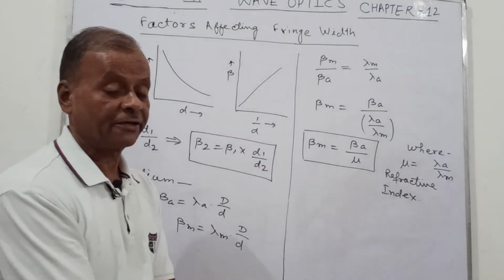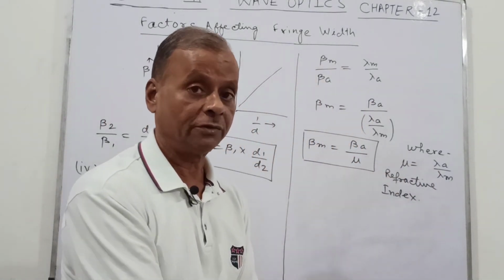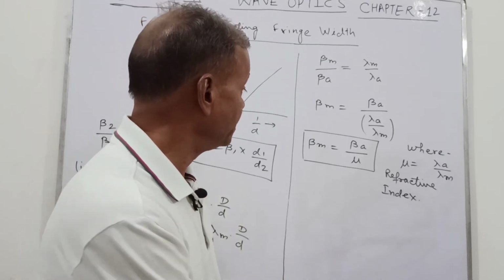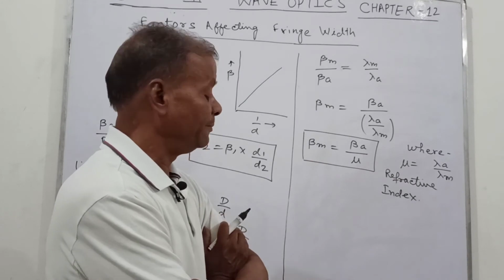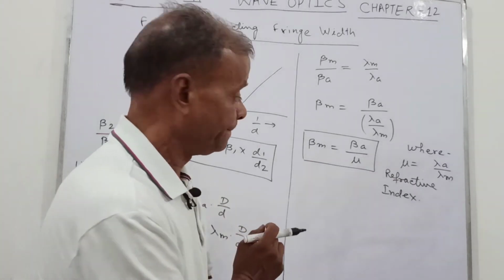And you know that refractive index is always more than 1. So whenever we are having this mu, then the beta m will be less than beta A.